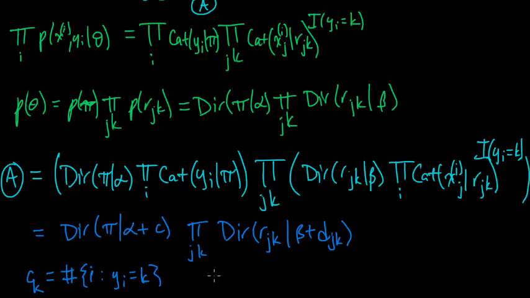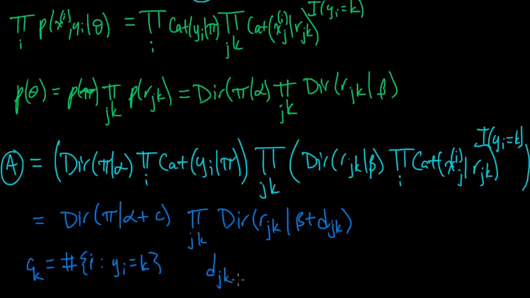So this d_jk, the l-th element of this vector, is going to be the number of points i, the number of things in this product, for which x_ij equals l, that's the element of the vector, and y_i equals k.